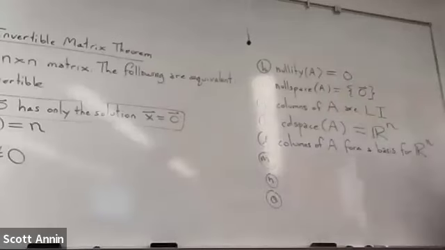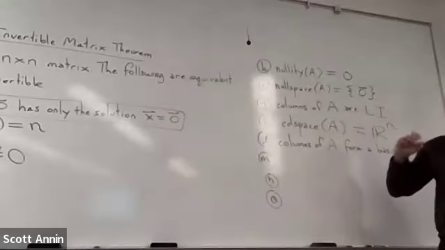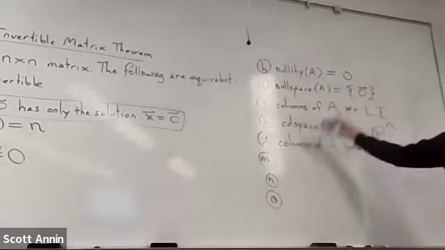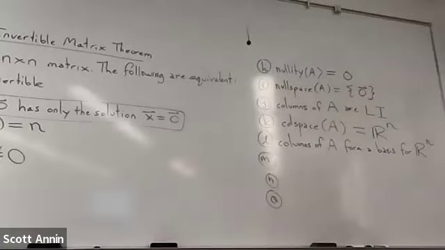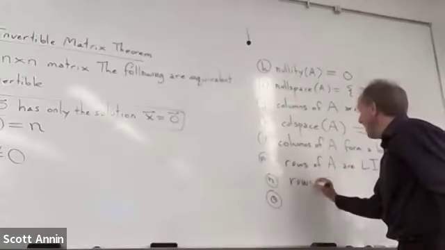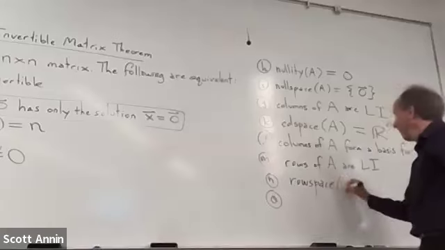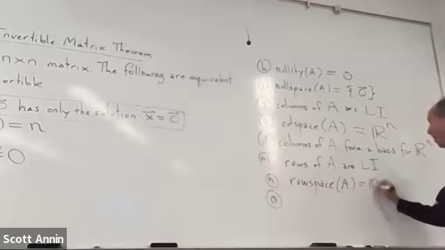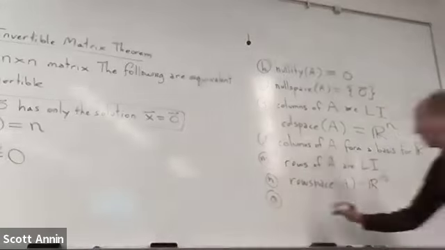The next three statements, since I'm out of time, I'm just going to write them down. Basically, the same three things for rows are also true. So the rows of A are LI. The row space of A is equal to Rn.